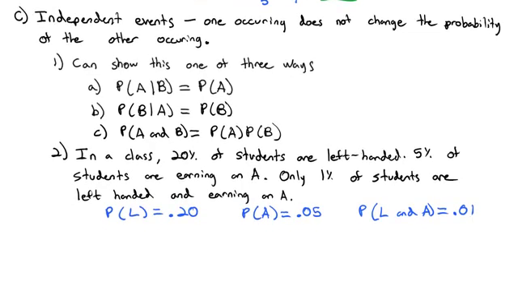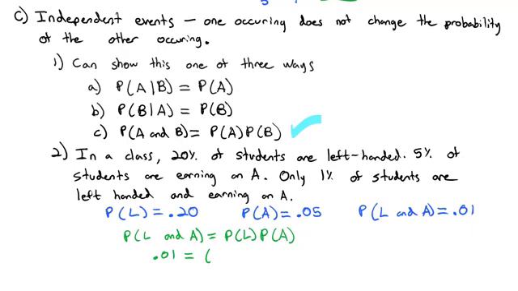Well, we can use any one of the three formulas for showing things are independent. It's probably going to be easiest in this context to use the third, because we have all of those pieces. So the probability of A and B, the probability of left and receiving an A, should be equal to the probability of being left-handed times the probability of receiving an A, if they are in fact independent. Well, the probability of A and L is 0.01.